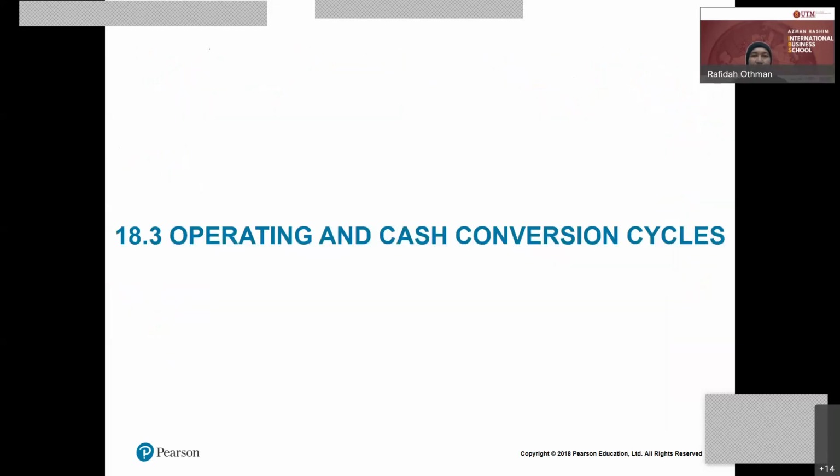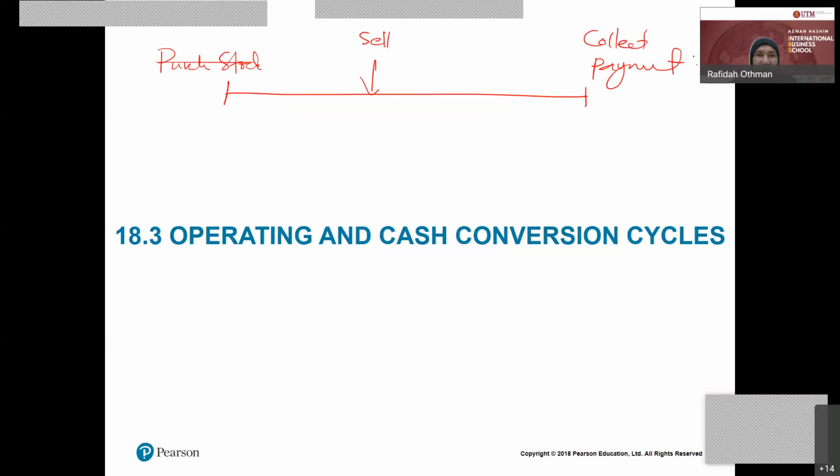When we are looking at the operating and cash conversion cycle, these are another element when we are looking at the process where we purchase our stocks or inventories, and then we sell the stock and we collect payment. And then we have another cycle where we have to pay our supplier.